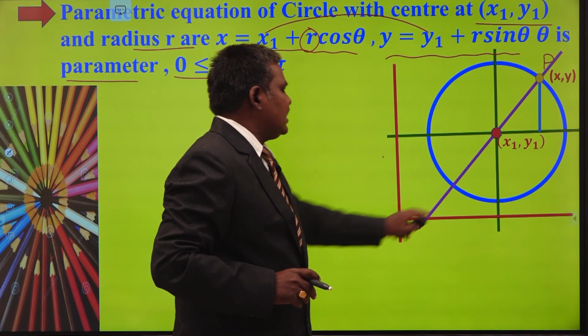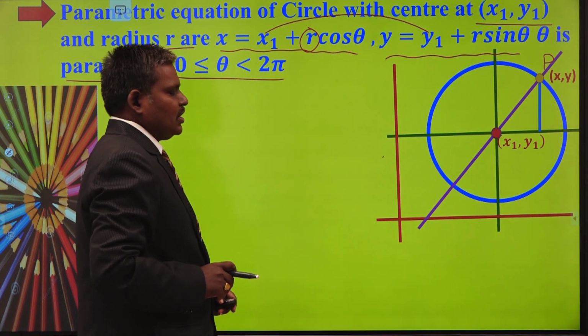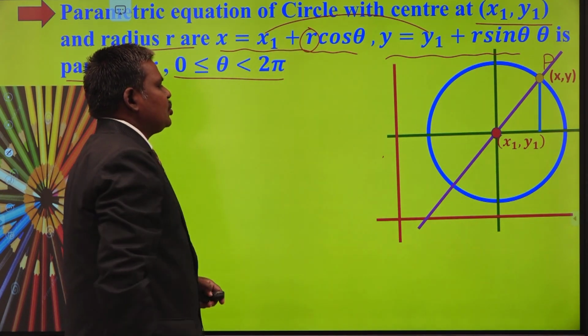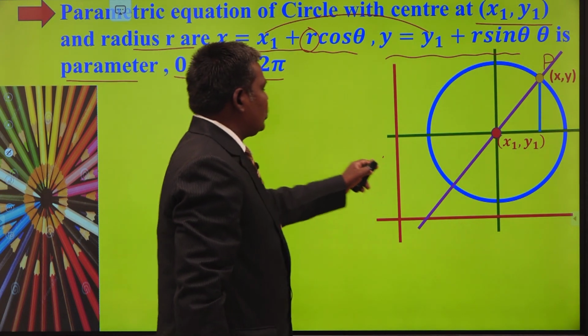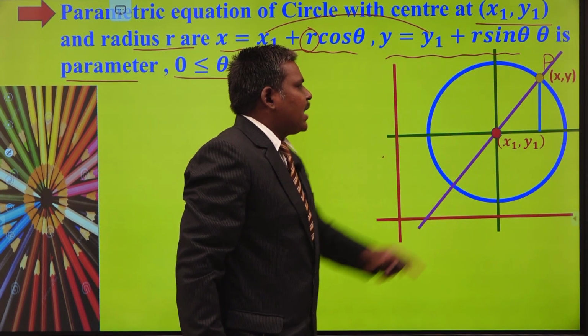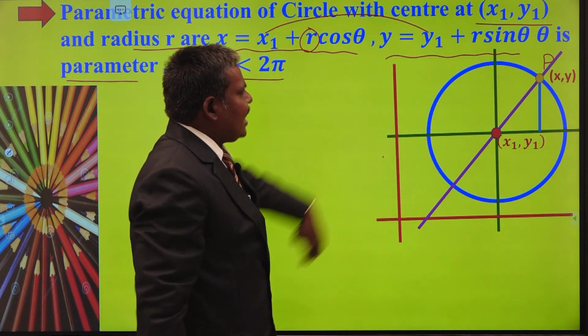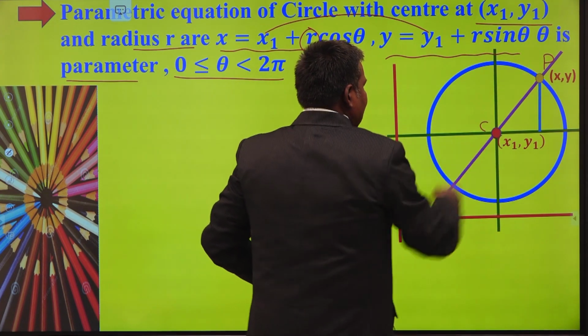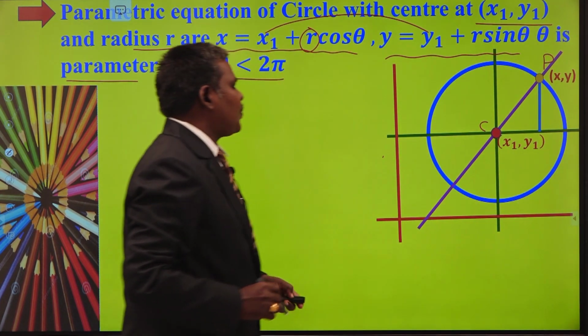It intersects the x-axis at this point as shown in the figure. Also I draw one line through P and C, where C is the center of the circle. That line intersects the x-axis at that point.